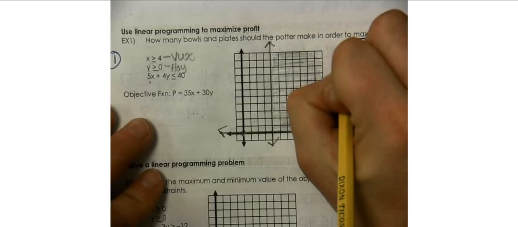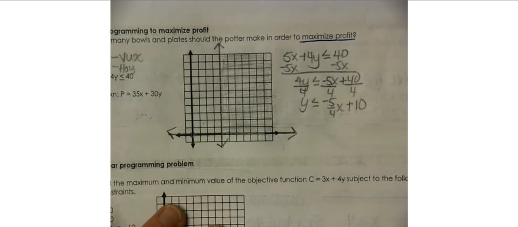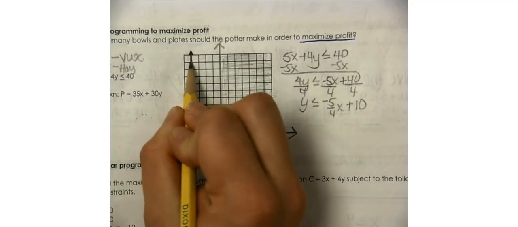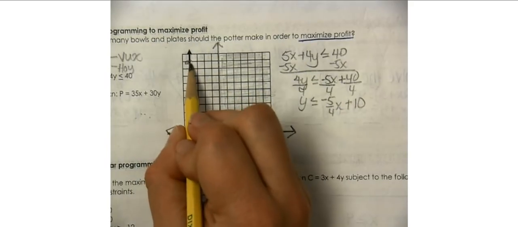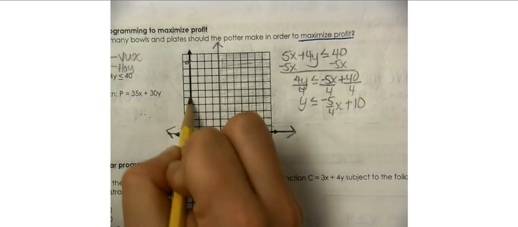So I'm going to go up to 10. So 1, 2, 3, 4, 5, 6, 7, 8, 9, 10. And I'm going to plot a point, and I'm going to go down 5, 1, 2, 3, 4, 5, over 4, 1, 2, 3, 4.